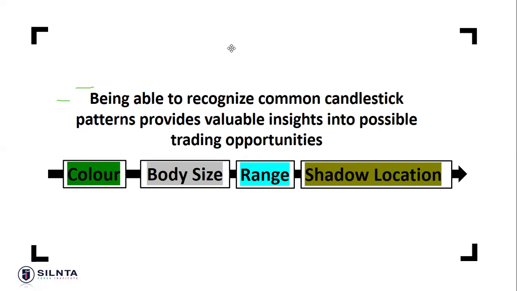What does the range indicate? The range indicates the volatility in the market, how fast the market is moving up and down. The range is the height. And then the shadow location indicates how far the market was pushed. Perfect.